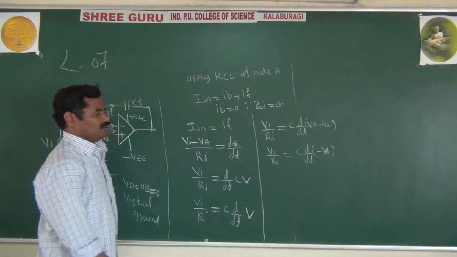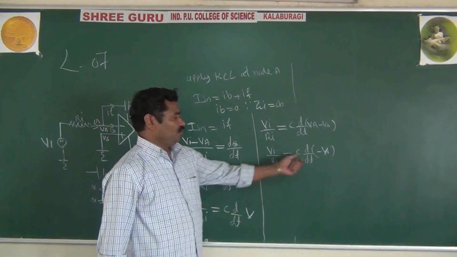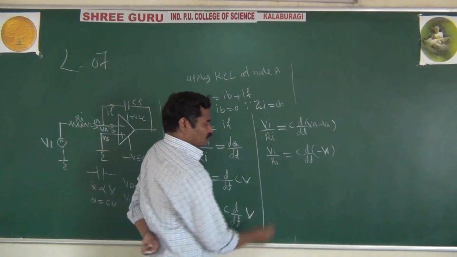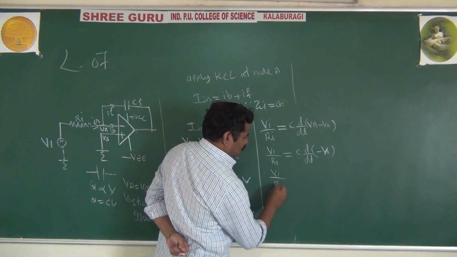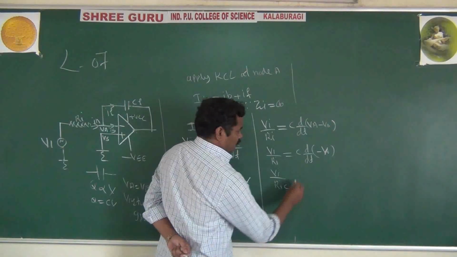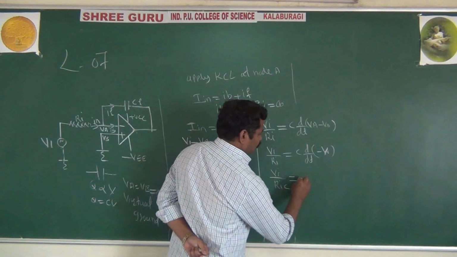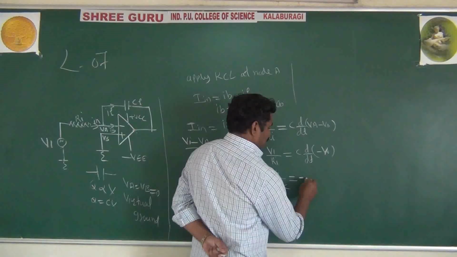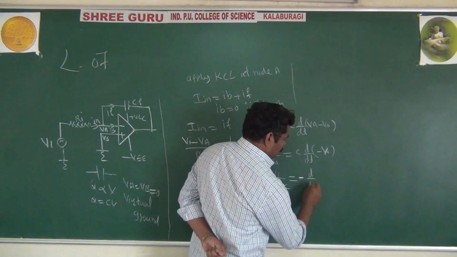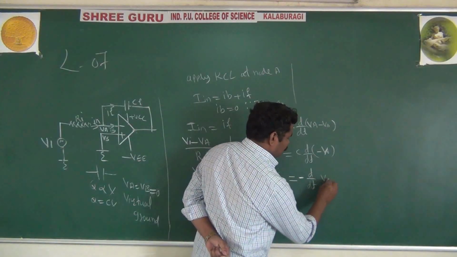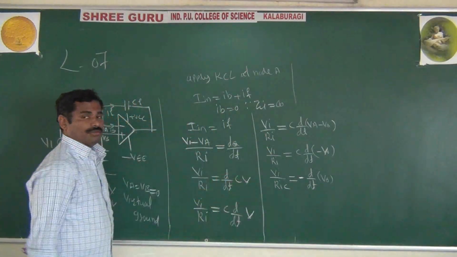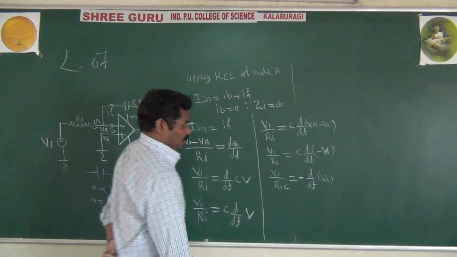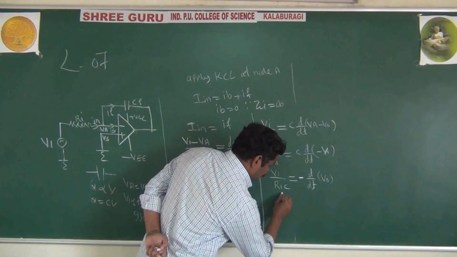As usual, this C divides here: Vi by RiC equals minus d by dt of V naught. Actually, we want this V naught, and to get V naught, integrate on both sides.